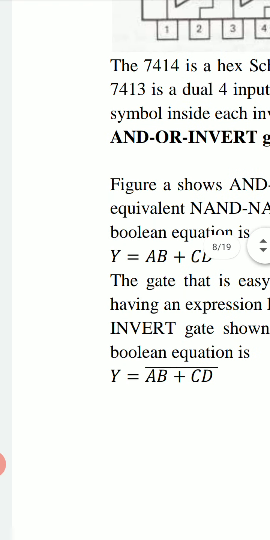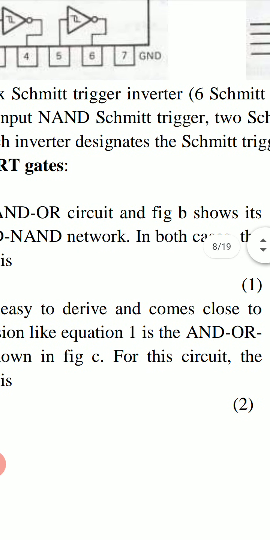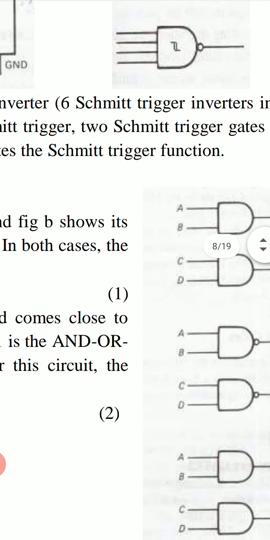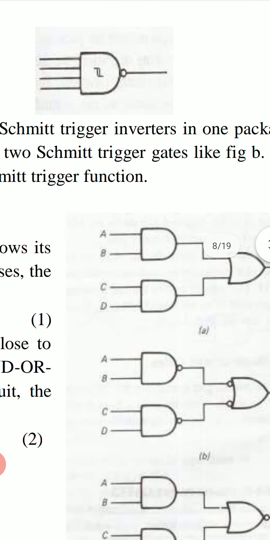The 7413 is a dual 4 input NAND Schmitt trigger. 2 Schmitt trigger gates like figure B. This is a 4 input NAND Schmitt trigger.